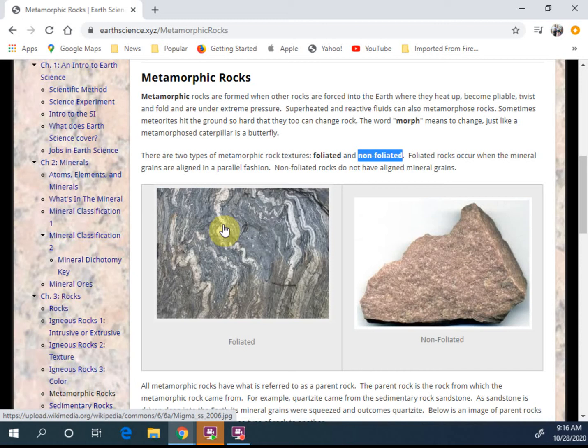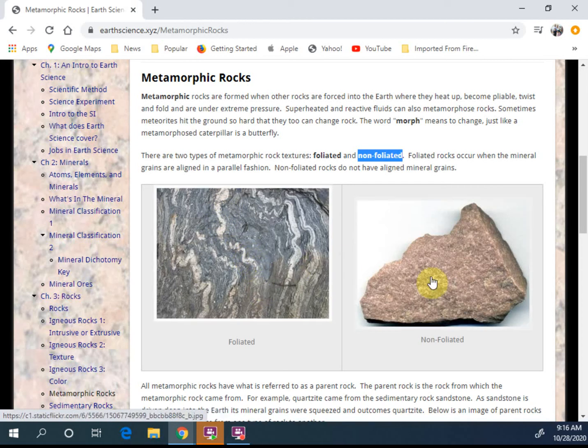Therefore, certain grains start to become pliable, and they tend to align and join together, creating bands of like minerals, forming these squiggly lines, parallel, not straight, but still parallel. This is known as a metamorphic texture. Very common. It's the best way to identify them.